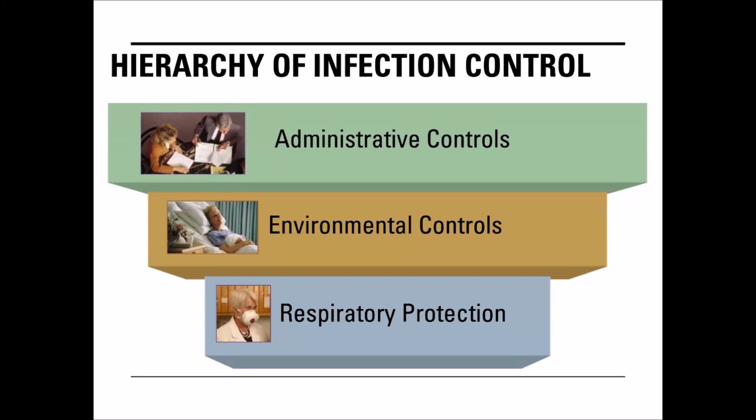That means our brains have to be functioning and thinking about the possibility that it might be TB. This is difficult in this day and age because TB is down dramatically in the United States in most areas. So there's less TB, there's less experience with it, and oftentimes it's forgotten as a possible cause of a patient's illness.